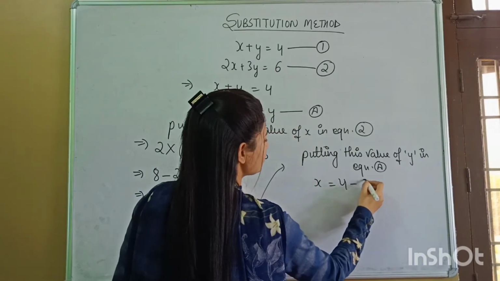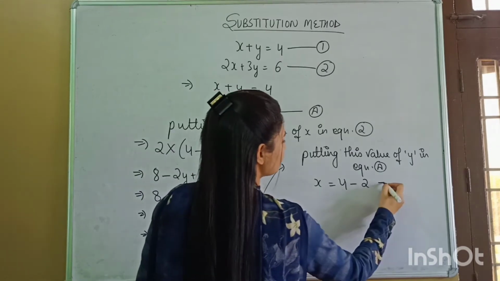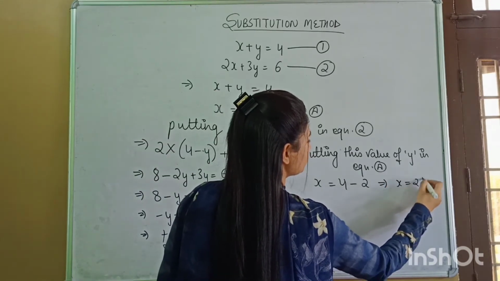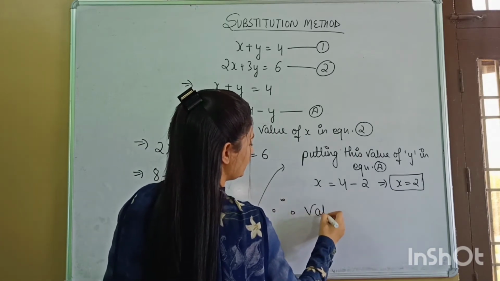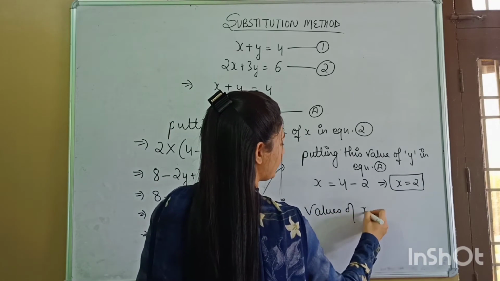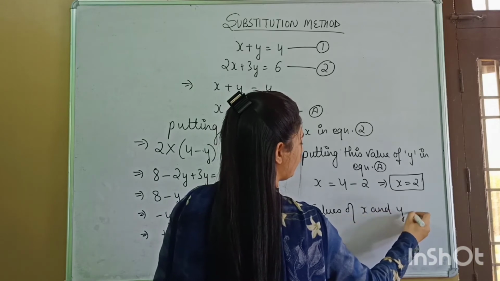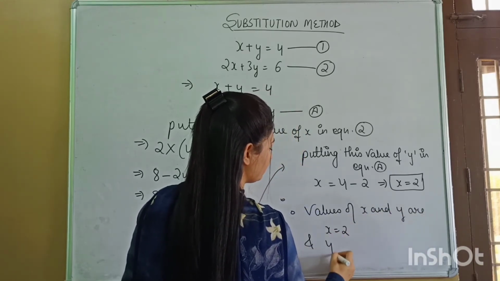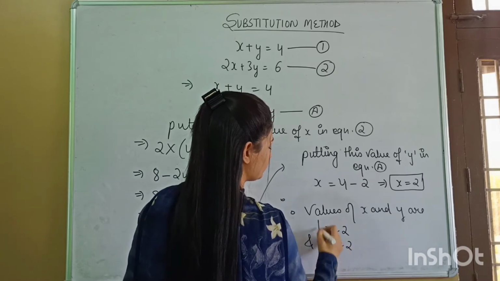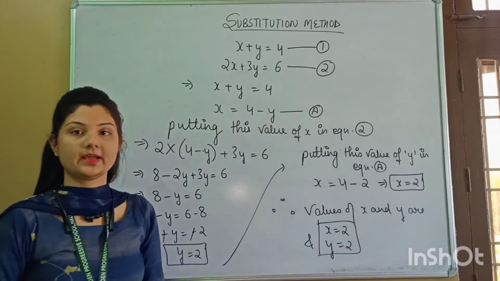That is x is equals to 4 minus 2. So x is equals to 2. Therefore, values of x and y are x is equals to 2 and y is equals to 2. Like this we find out the value of x and y.